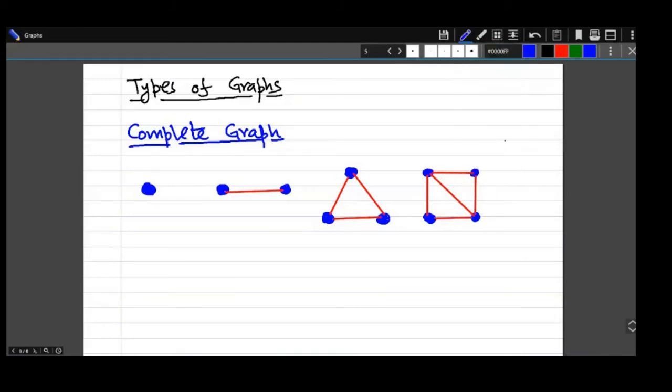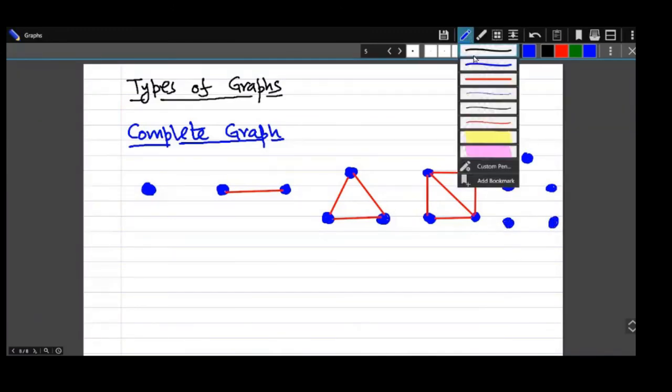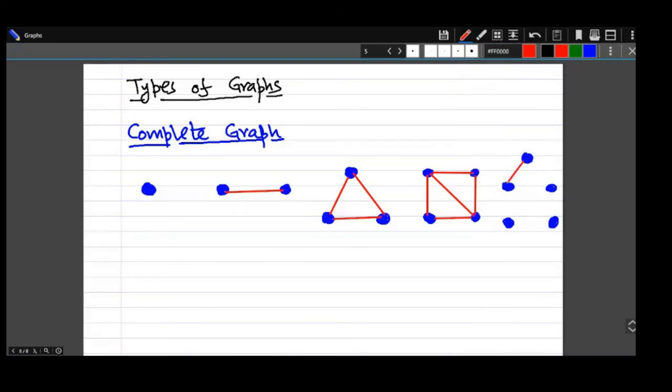And I'll draw one more. So let's say this one node, this another node, fourth and fifth. Okay, and the edges 1 to 2, 1 to 3, 1 to 4, 1 to 5.